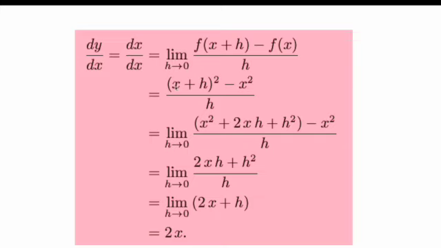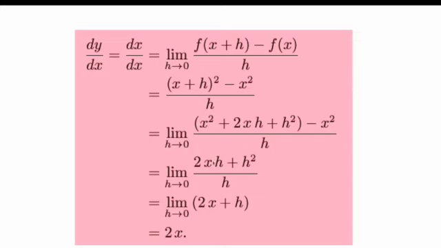So here it becomes x plus h squared, because this entire thing is treated as x, minus x squared, divided by h. And then here we just expand this x plus h squared out. What this gives us is basically a quadratic, x squared plus 2xh plus h squared minus x squared.